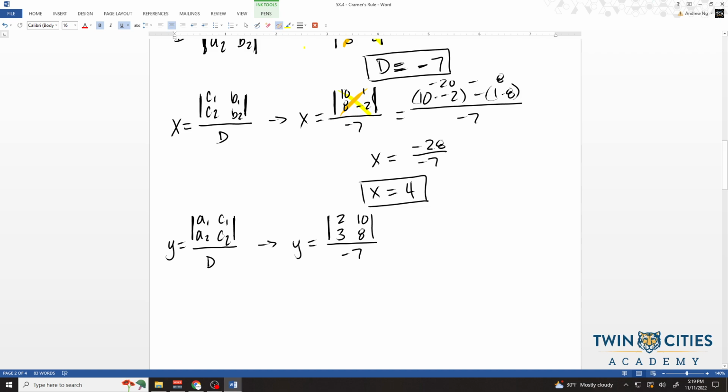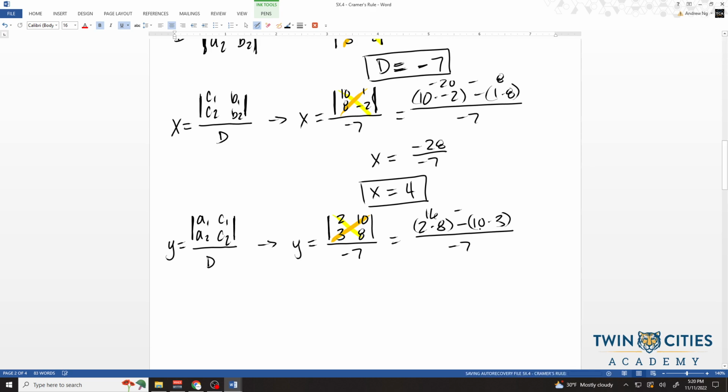Okay, just like any other 2 by 2, finding the determinant, I'm going to multiply this way, and then I'm going to subtract, multiplying this way. So that'll be 2 times 8 minus 10 times 3 over negative 7. Okay, 2 times 8, that's going to be 16.